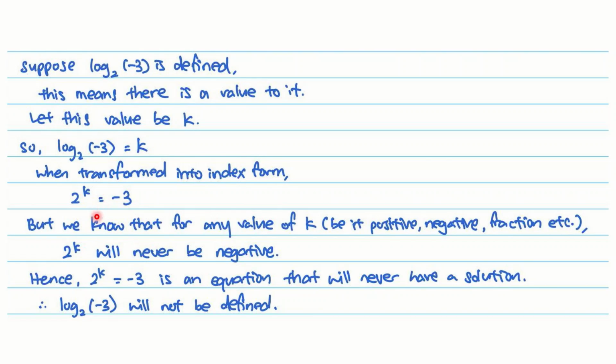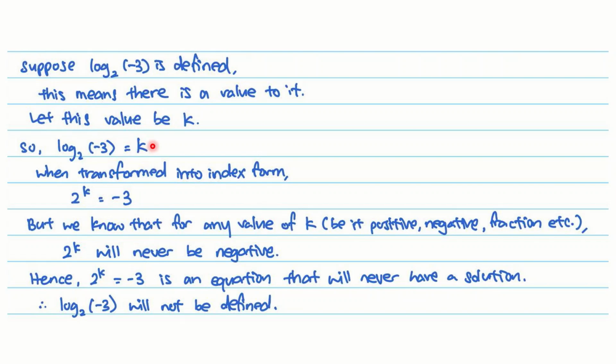And this defies our understanding of positive and negative, because how can a number that is positive be equal to a negative value? That is totally a contradiction which will never happen. So with this contradiction that we face, we see that 2 to the power of k equals negative 3 is an equation that will never have a solution.